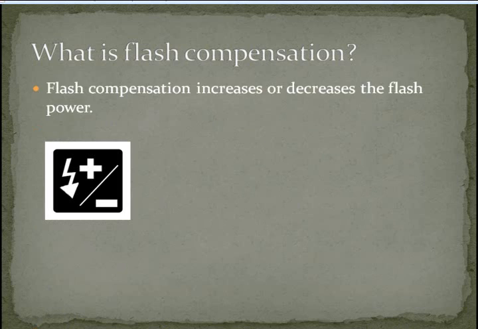I'm sure you've seen those photos, and I have plenty of them, where the flash just blows out the person's face. You're too close to the person and the flash comes on and blows out everything. In those cases you want to decrease the flash compensation.